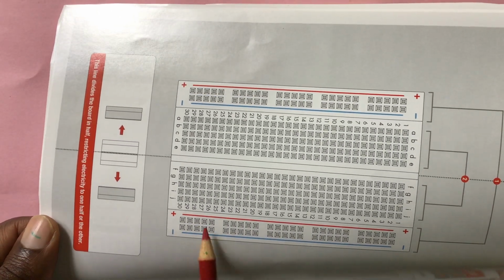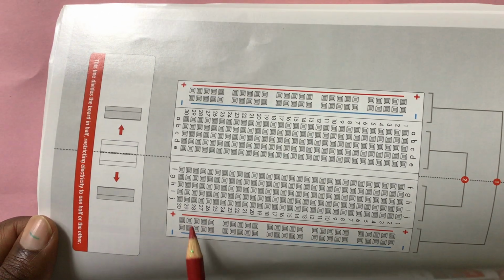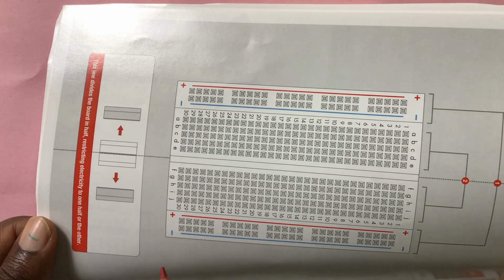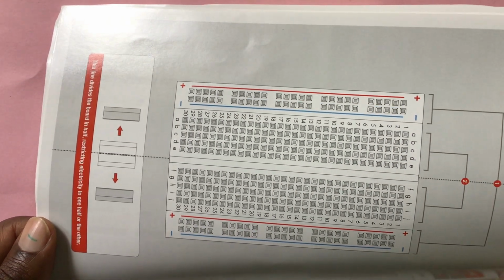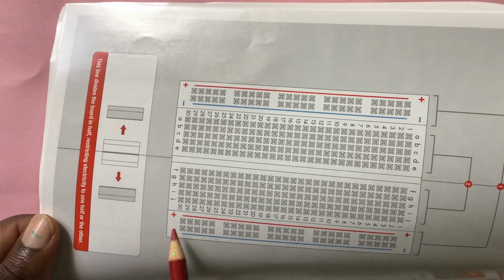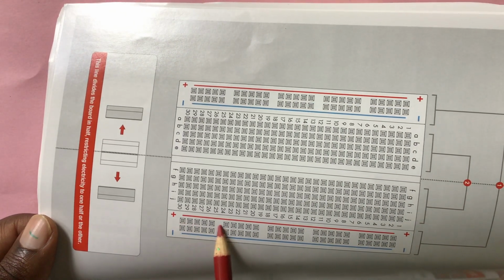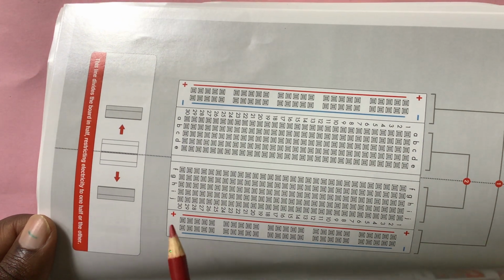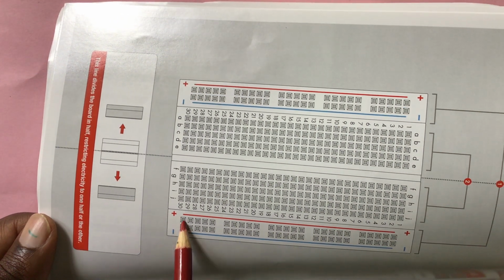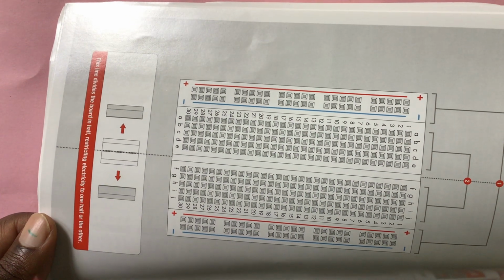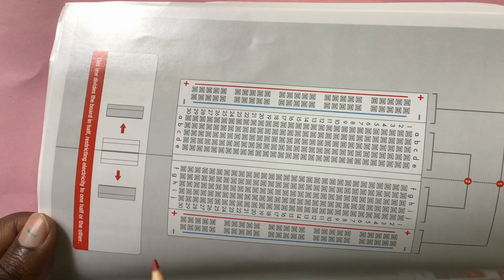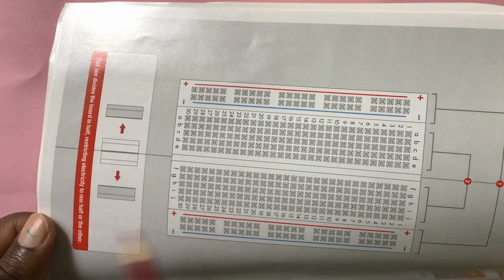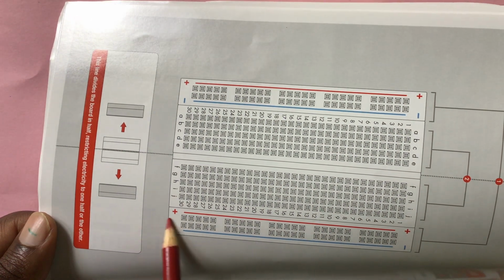So you will note that at this far end we have plus and we have minus. So the plus, these dots running horizontally, are the ones that you connect the voltage. The voltage, we mean somewhere where the power comes from, the positive side. Like if you have a battery, the positive side of the battery will be connected here.